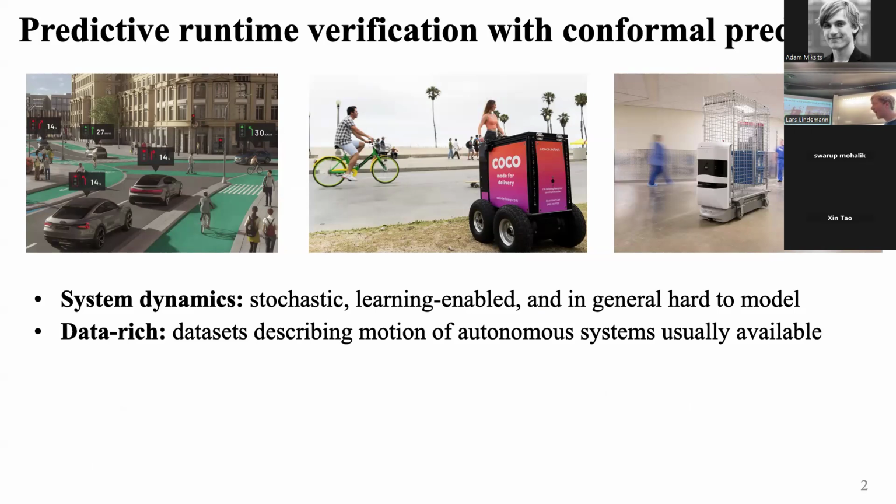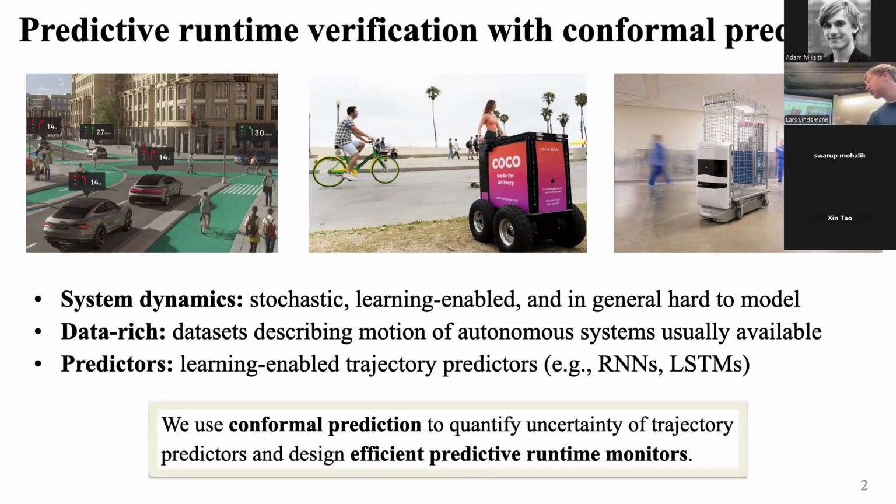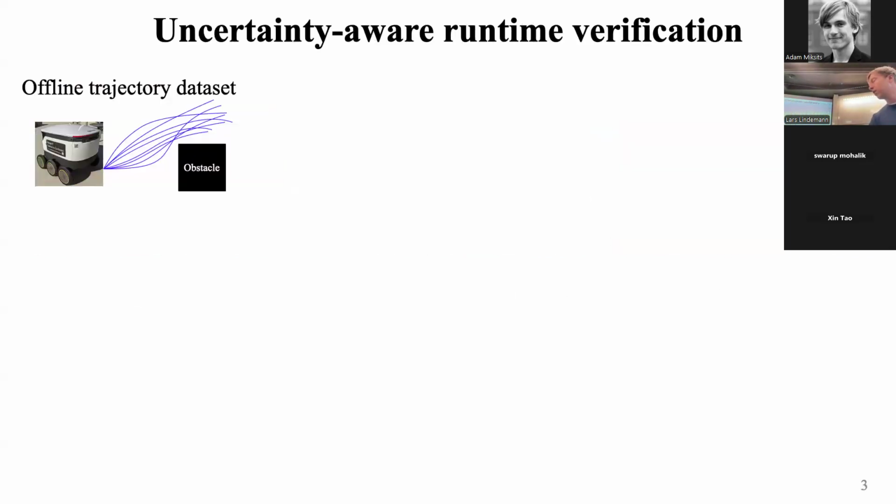But what we have is, again, we're living in a data-rich world. So we have data that describes the behavior of the autonomous system, either in simulation or maybe even in reality. So we have access to some sort of testing data. And we again make use of learning-enabled predictors here, with a goal to combine them with conformal prediction and design efficient runtime monitors. Now, before I go into the details, I'll show you two algorithms.